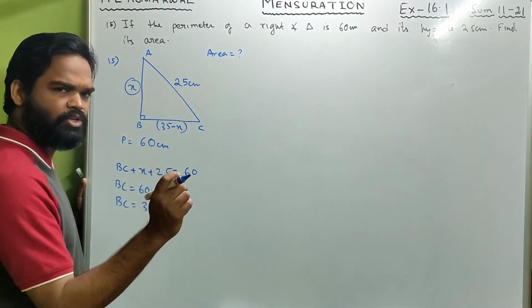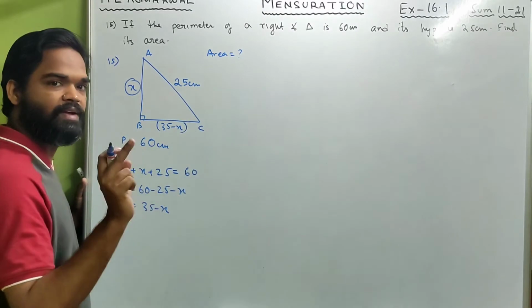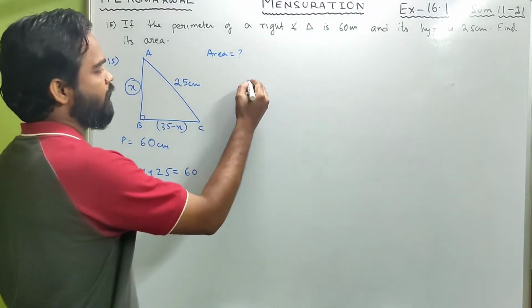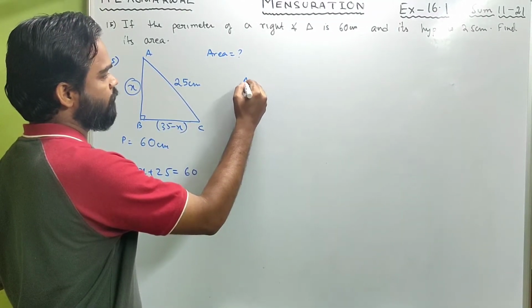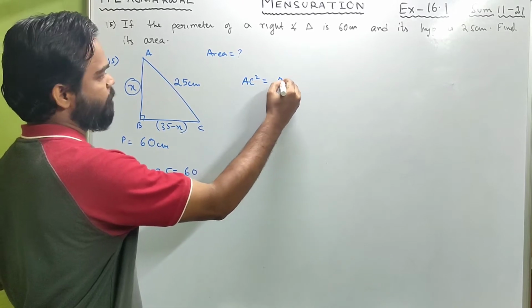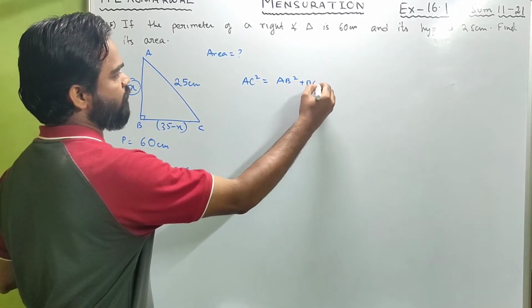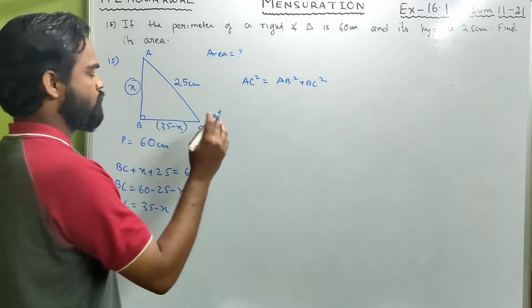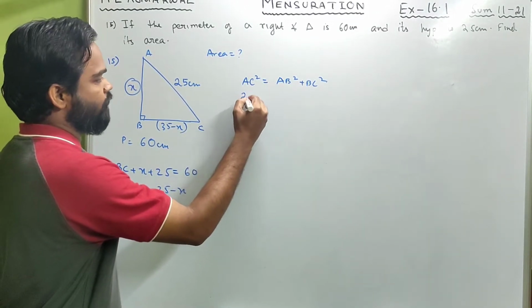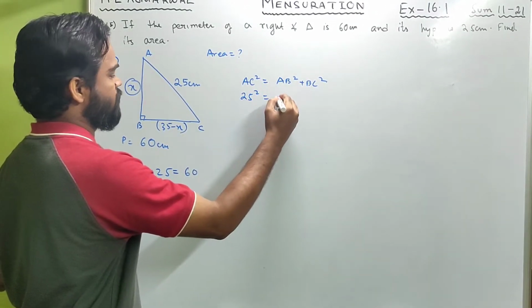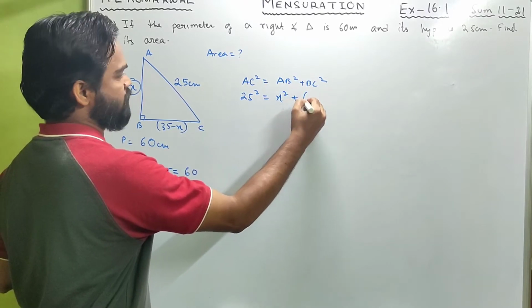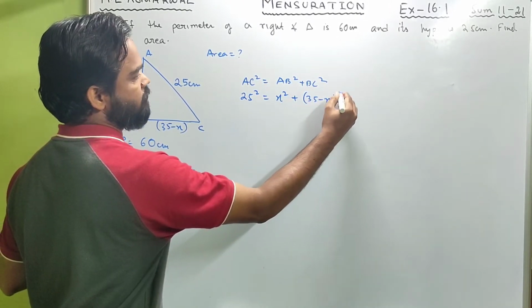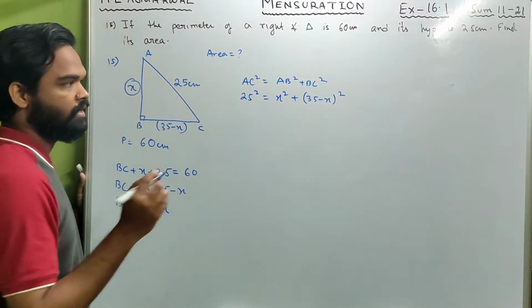Now by using the Pythagoras theorem, we can find the value of x. AC square is equal to AB square plus BC square. We know this. Solve it. So 25 square equals x square plus 35 minus x whole square, isn't it?